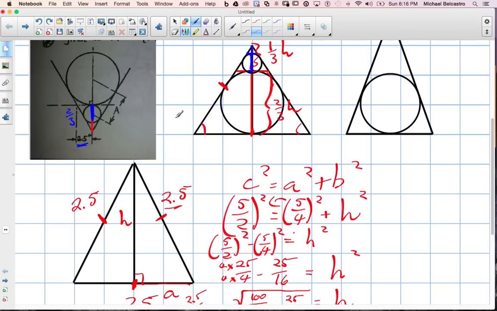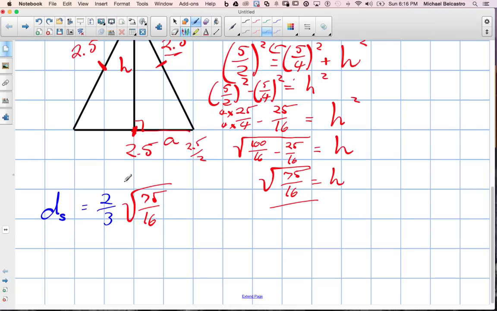Okay. And again, the question is actually only asking for the radius. So the radius is, again, half that amount. So if I were to multiply, we'll call this now the radius of the small circle, 1/2 multiplied by 2 over 3 multiplied by that root 75 over 16.